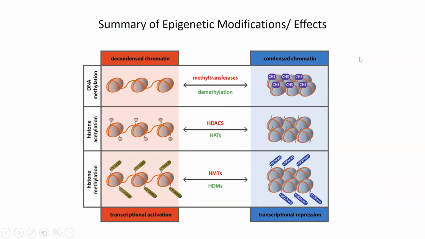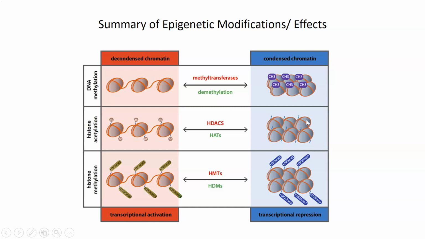All right, this slide is a summary of the epigenetic modifications that we've talked about. DNA methylation: if it's not methylated, that favors decondensed nucleosomes. If it's methylated, that favors condensed heterochromatin. Histone acetylation favors decondensed nucleosomes, genes are on.